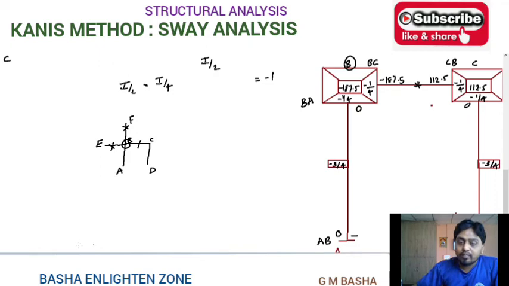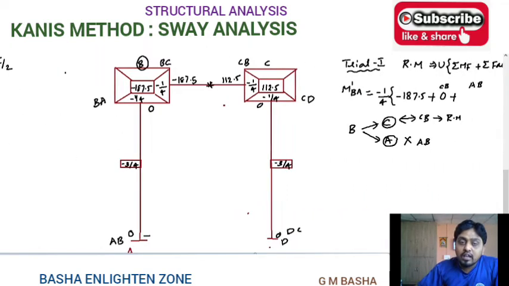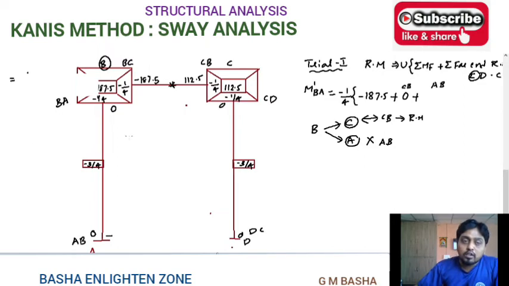But here the displacement factor is only for one column. There is no next story column connected to joint B. Therefore you will get displacement contribution only for column AB here, and in the first trial there will be no displacement factor, so here also you take that as 0.